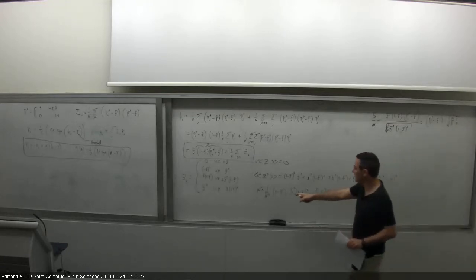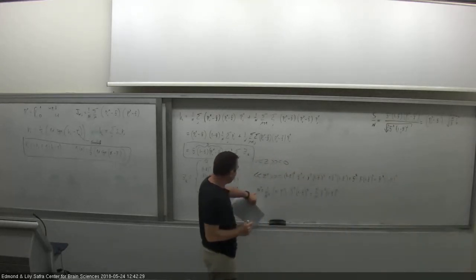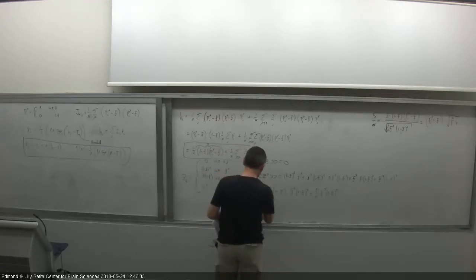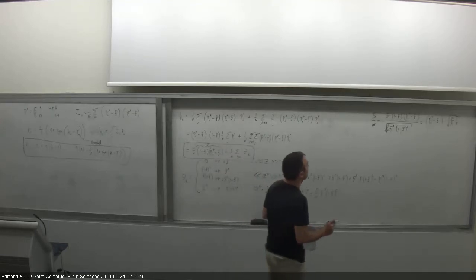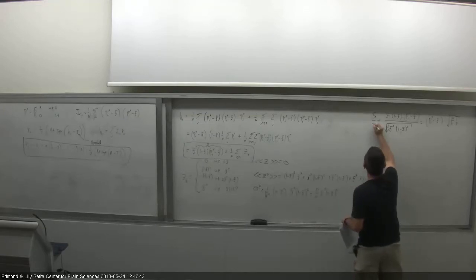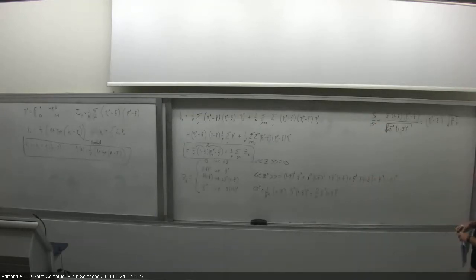The use of n is misleading because here n is noise and here n is the number of neurons. So let's give it a different name. Let's call sigma squared the noise. This would be s over sigma, and then we're okay.